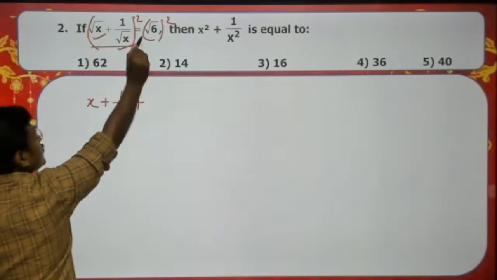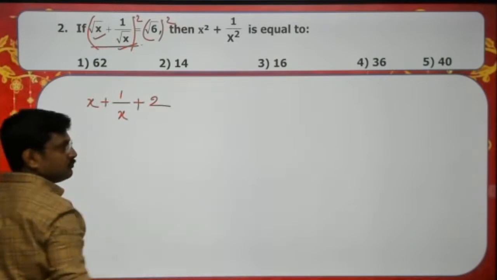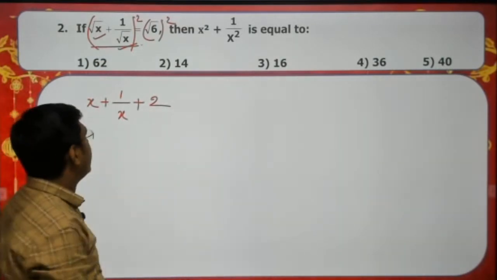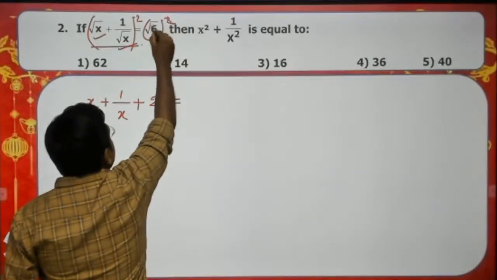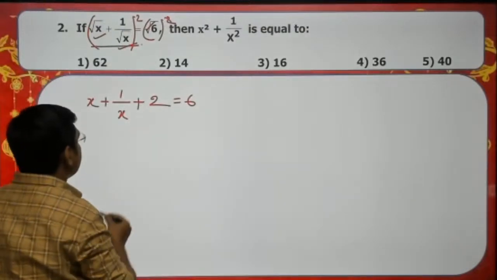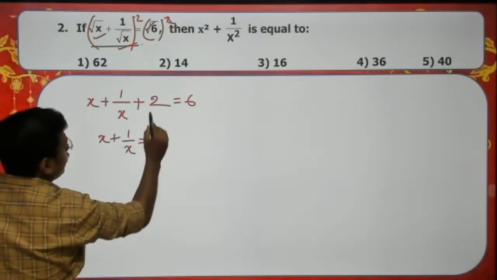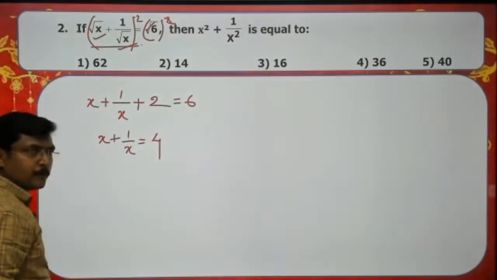Since it is into, we can cancel it, then it becomes 2, which is equal to square root of 6 the whole square. On cancelling square and square root, it will be 6, correct? So x plus 1 by x, on taking this 2 to the right hand side, 6 minus 2, it is 4, correct?